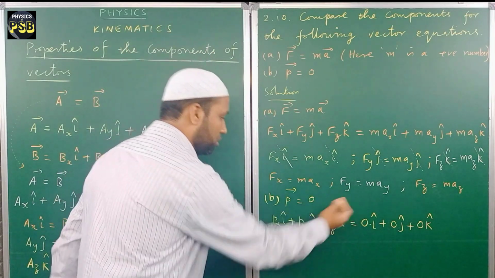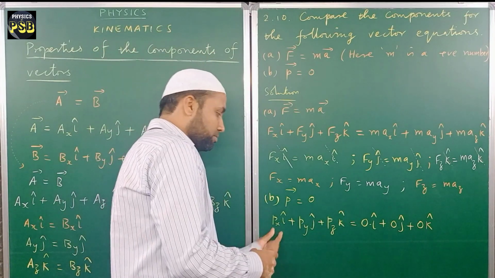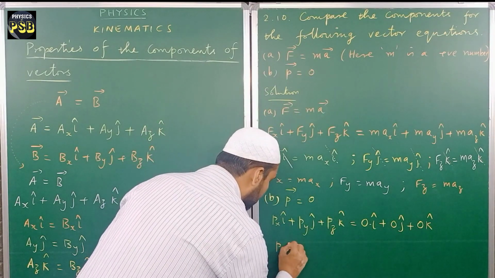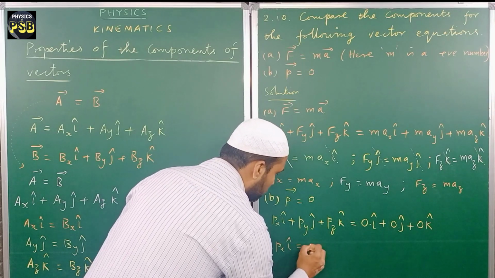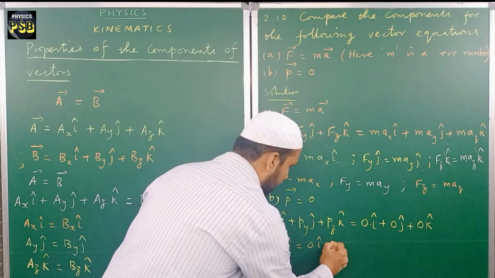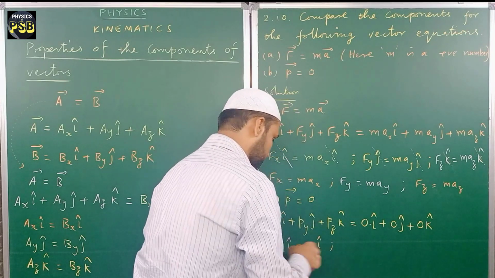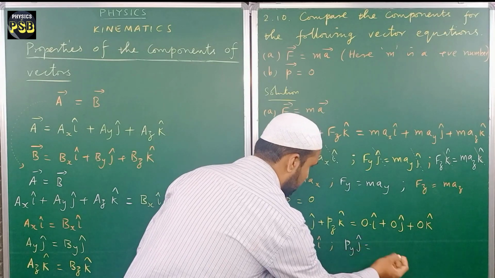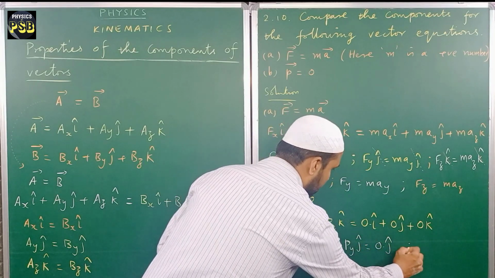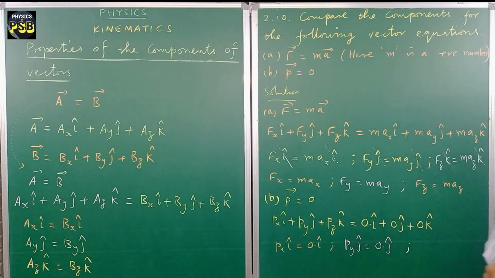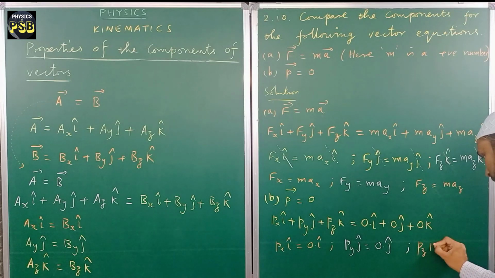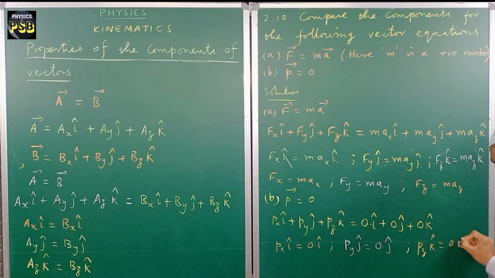Now I'm going to compare the terms having the same unit vectors. So Px i cap is equal to 0 i cap, and Py j cap is equal to 0 j cap. The last one is Pz k cap is equal to 0 k cap.